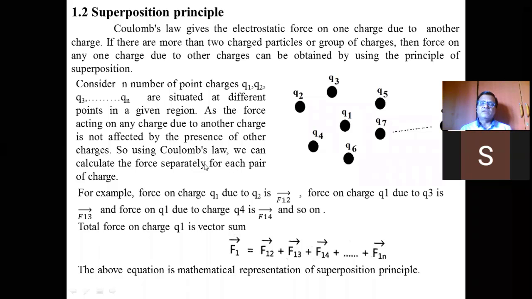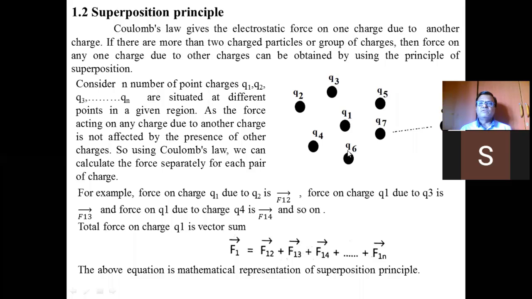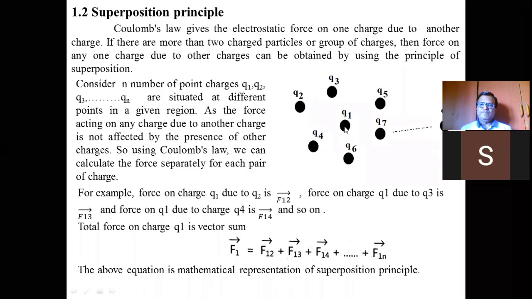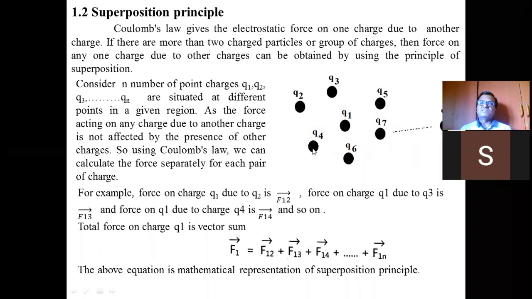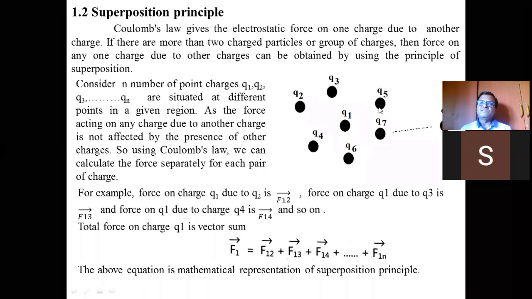Suppose we want to calculate force exerted on charge q1. Then we first calculate force exerted on charge q1 due to charge q2, then force exerted on charge q1 due to charge q3, then due to charge q4, then due to charge q5, and so on.